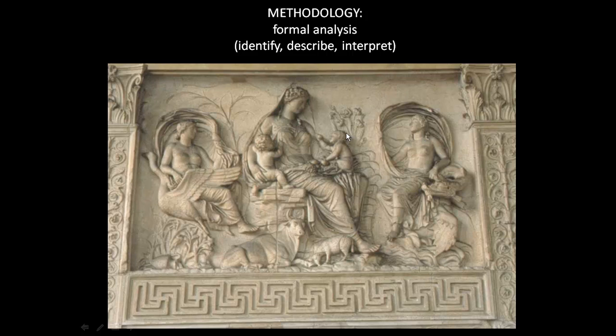Unity. So we've got a visual unity. Look at here, you see similar positioning of form. Even here, even though it's kind of in the opposite, I think there's an opposite leg to frame this woman here in the middle. We've got unity in the emphasis on the breasts, similar position with the arms leaning like this.